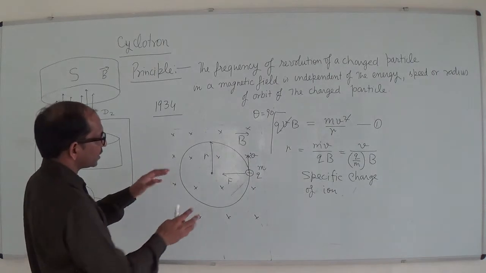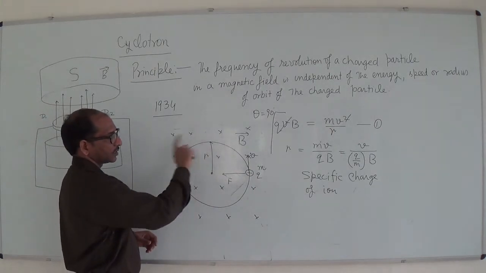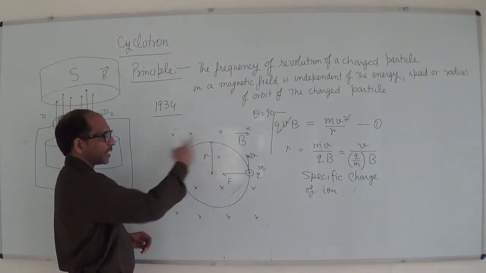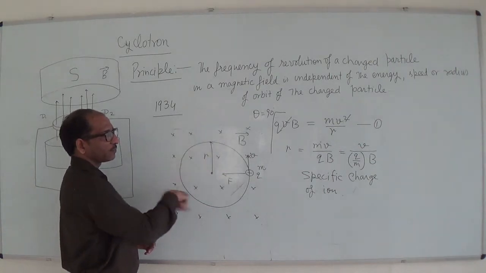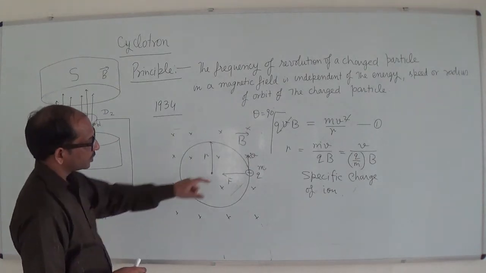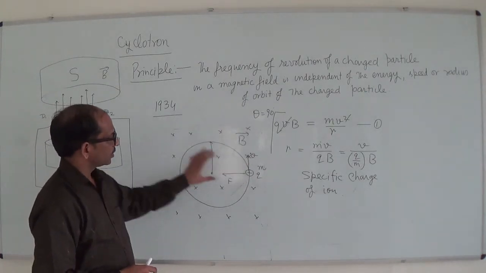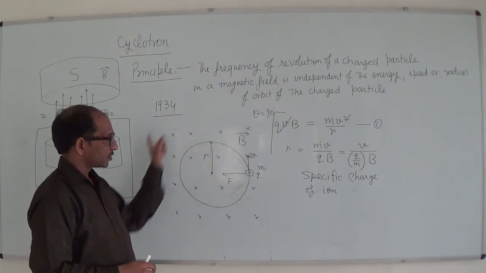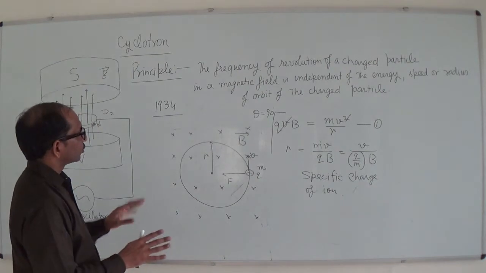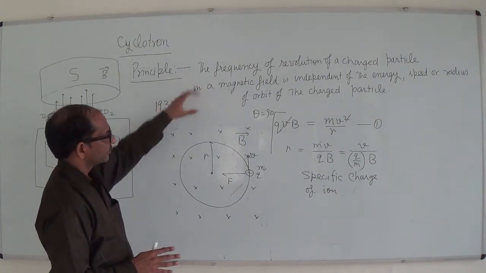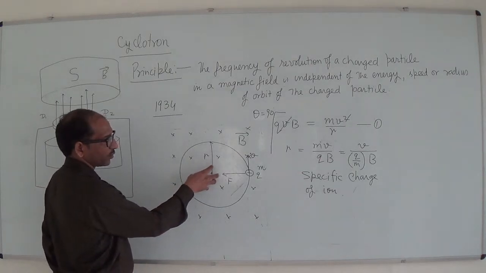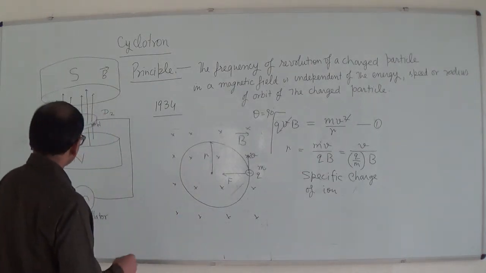And the point is frequency. Frequency of this charged particle means how many revolutions it completes in 1 second. That frequency is independent of the velocity, radius and energy of this charged particle. So this is the principle, and this idea comes from the Lorentz magnetic force.